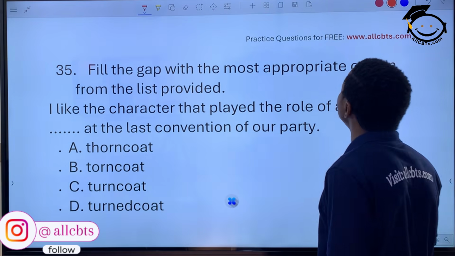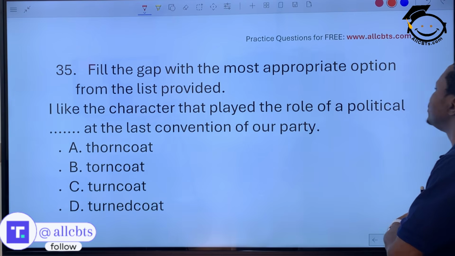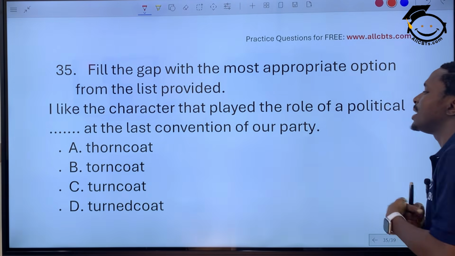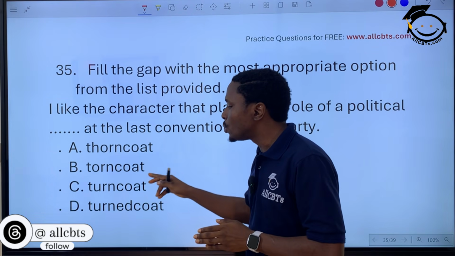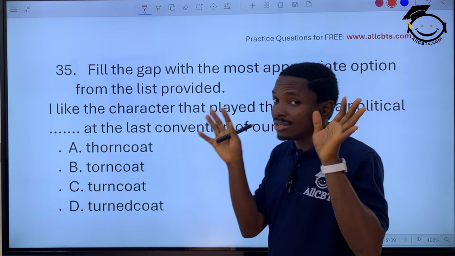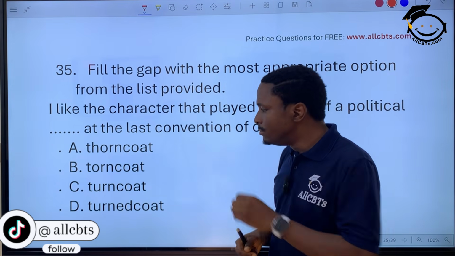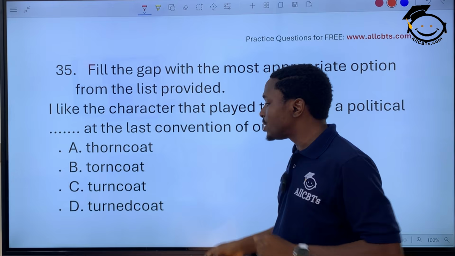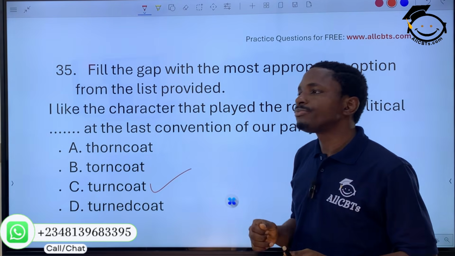Fill the gap with the most appropriate option from the words provided. I like the character that played the role of a political turncoat at the last convention of our party. They sound alike, but one is the correct word. What does turncoat mean?